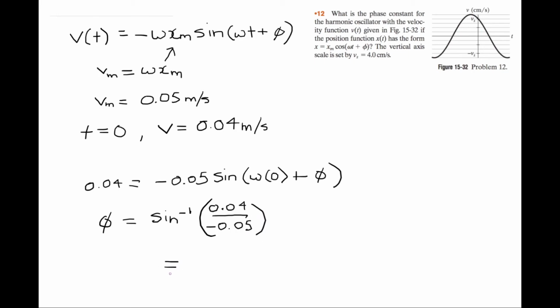And this gives us negative 53.13 degrees, or negative 0.9223 radians. And because this is a negative value right here, it must have been a shift to the right. A translation to the right has a negative phase constant value.